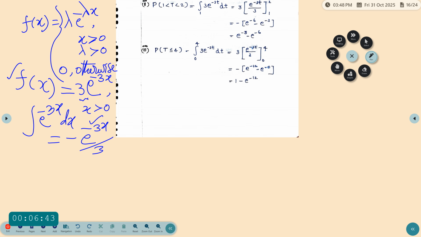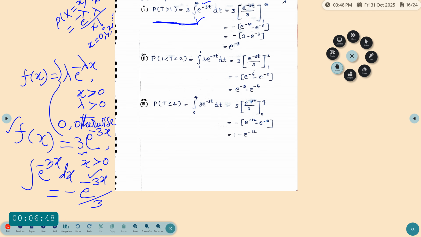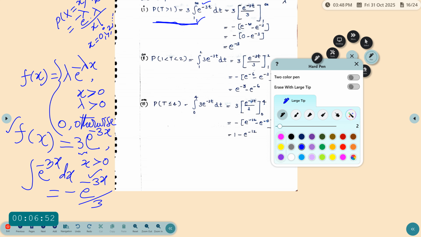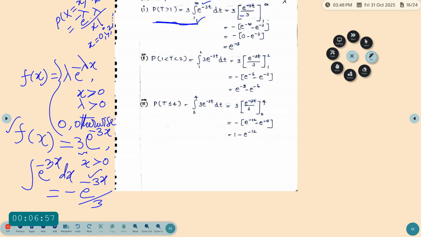The 3 and 3 get cancelled. Minus of the upper limit, e power minus infinity, minus the lower limit, e power minus 3 into 1, gives e power minus 3.